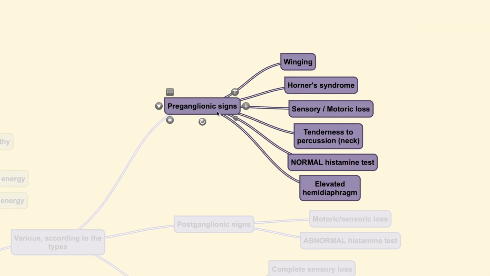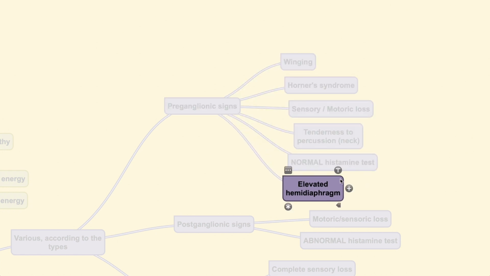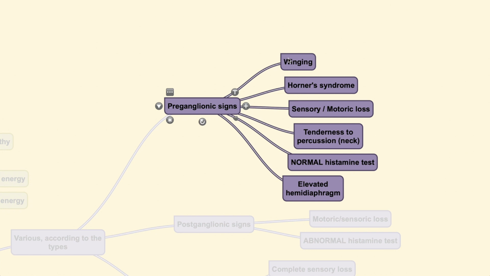Patients with these signs are considered as suspected preganglionic injury: winging signs, Horner syndrome, sensory or motoric loss, tenderness to percussion, normal histamine test, and also elevated hemidiaphragm. We'll discuss more about this later in the part on physical examination.